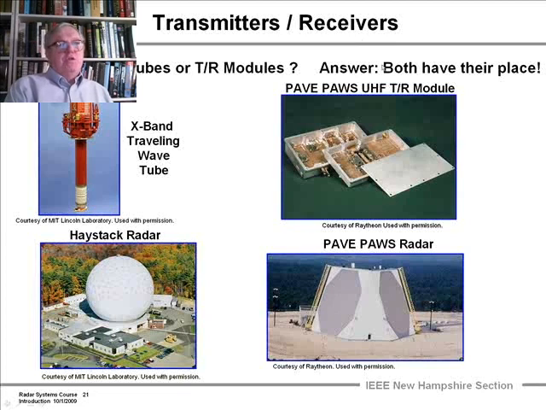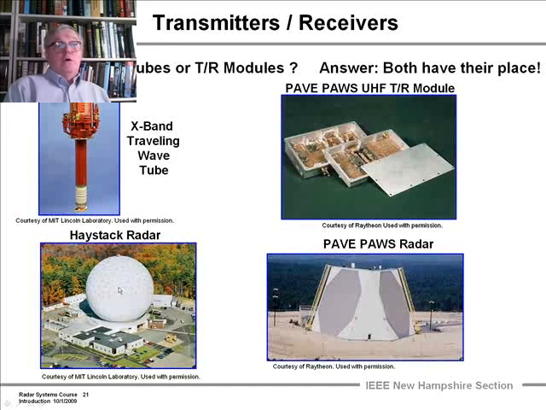But one question that always comes up is: do you use big tubes to generate, in one place, a huge amount of gain of the small transmitted pulse, and use a traveling wave tube amplifier such as this that has many tens of dB gain? This is an X band, and that kind of tube is used in the Haystack radar, which is huge, well over 100 feet in diameter.